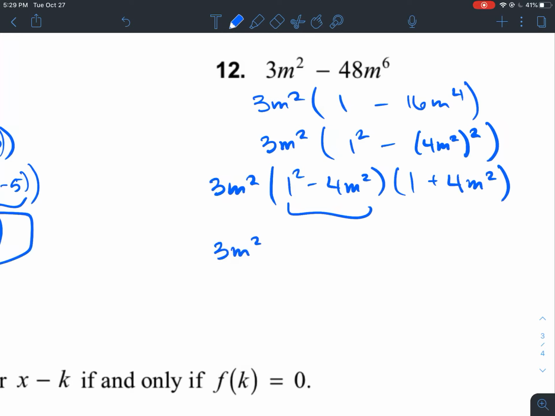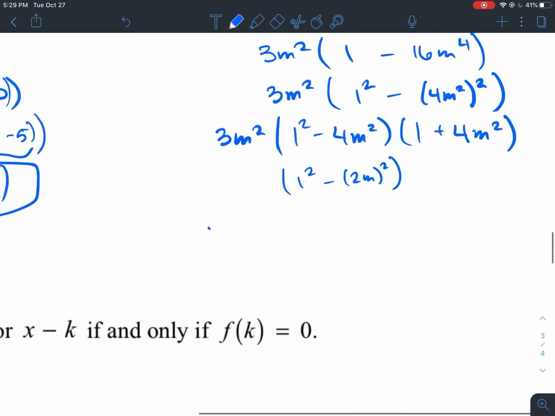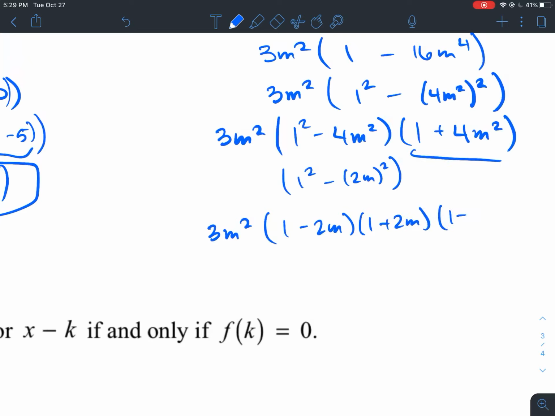Before I do that, I have to recognize that I have to rewrite this to be 1 squared minus 2m squared. Okay, so now I can rewrite that. So now it's 3m squared, 1 minus 2m, 1 plus 2m, and then I have this term right here, 1 plus 4m squared.